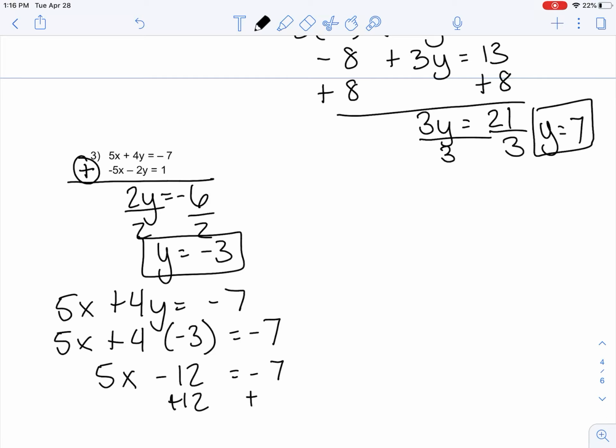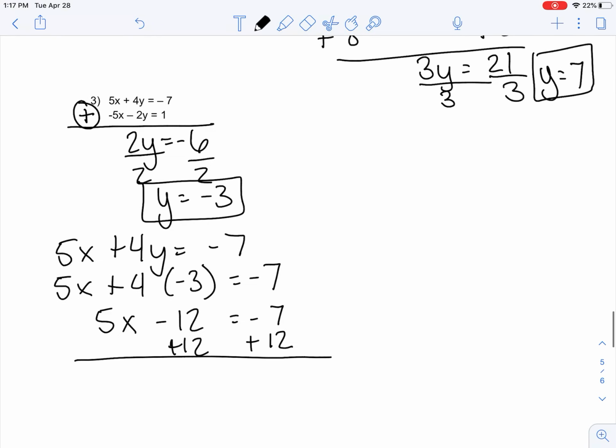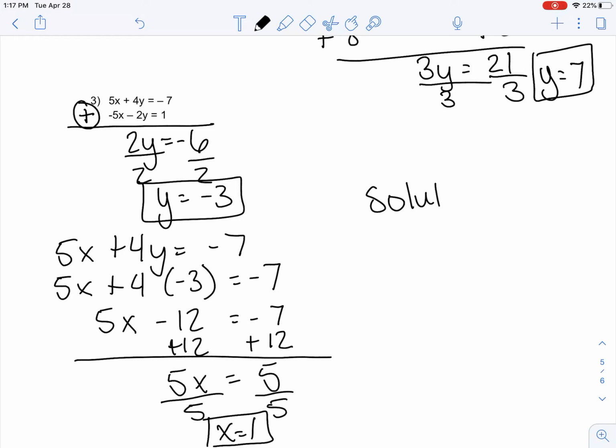Add that 12. 5x equals 5. Negative 7 plus 12. Divide by 5. X equals 1. Giving us a solution of 1, negative 3.